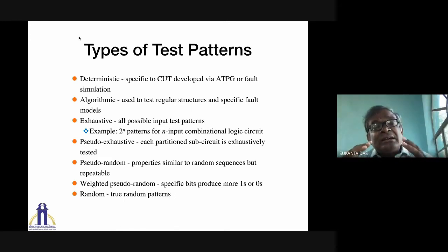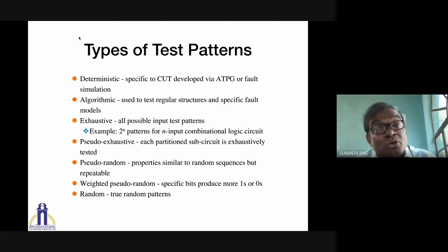So instead of supplying all patterns, I shall supply exhaustive patterns only for some part of the inputs. So exhaustive for some inputs, but not for all inputs. Also, I shall tell you with some example what is the meaning of pseudo exhaustive.